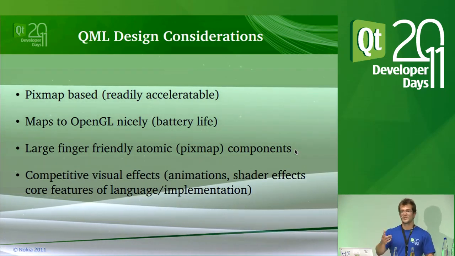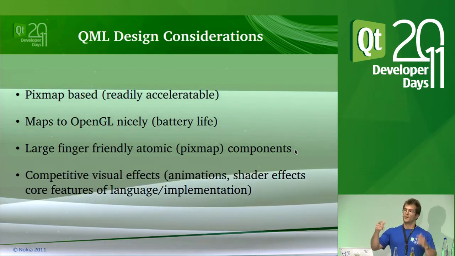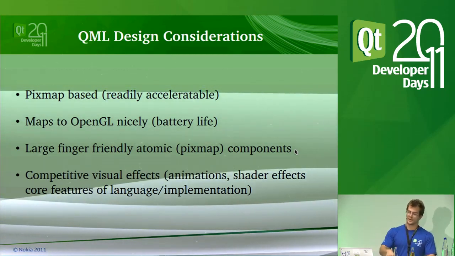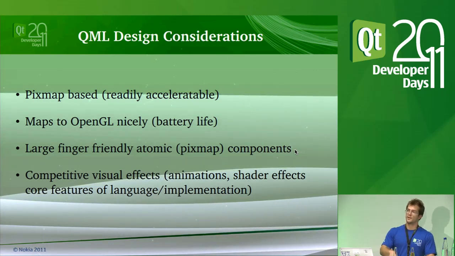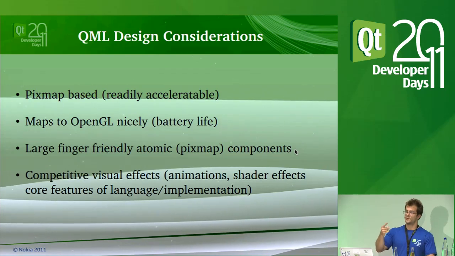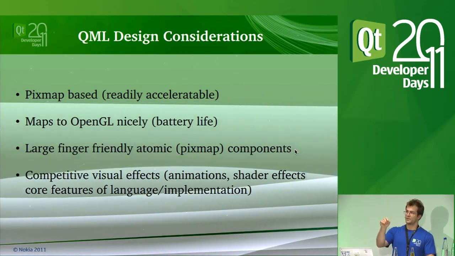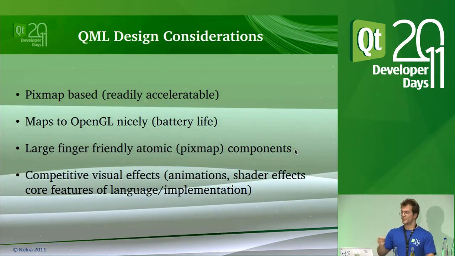Yeah. It also tends to be large and finger friendly. Our old Arthur paint system was very good for drawing small primitives. But when you try to use your big fat finger with a small button, having small little components does not help you at all.